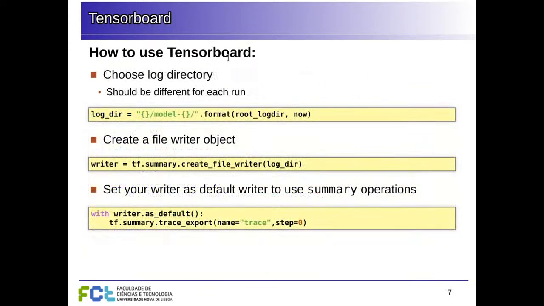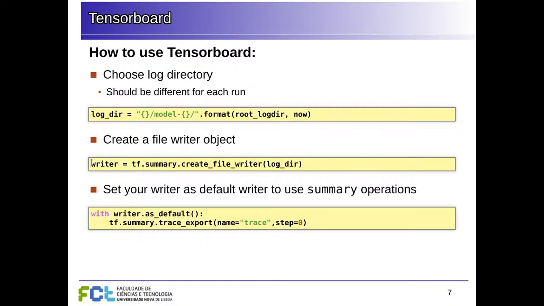So basically, to use TensorBoard, these are the basic steps: choose the name of the folder where you're going to store the logs. This should be different for each run, because if it's the same for all runs and you run your code several times, then the graphs will be a mess because it will interpret everything as being part of the same run.